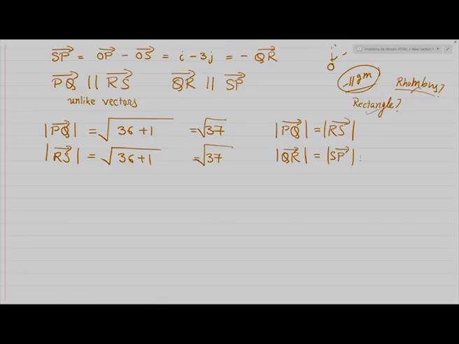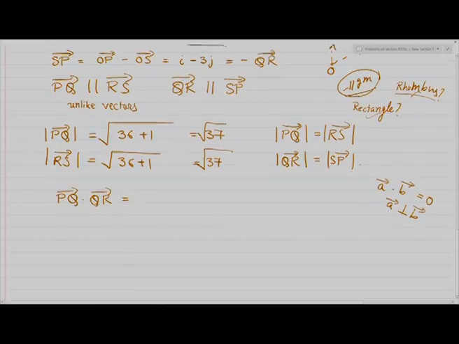Now, take PQ bar dot QR bar. Now, we want to see whether they form an angle of 90 degrees or not. How will we ensure that? So, if we have two vectors, say A bar and B bar, and if you are sure that they form a 90 degree angle, then this product should be equal to 0, right. If A bar is perpendicular to B bar, this product should be equal to 0. So, we will check whether the product is equal to 0, whether the angle Q is 90 degrees or not. Okay.